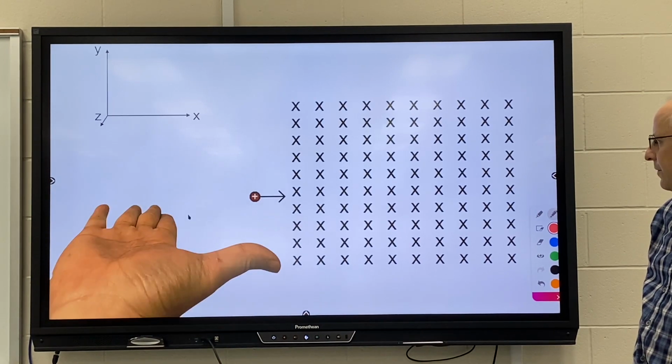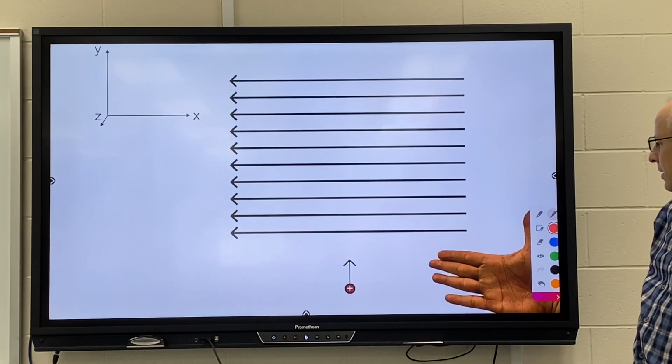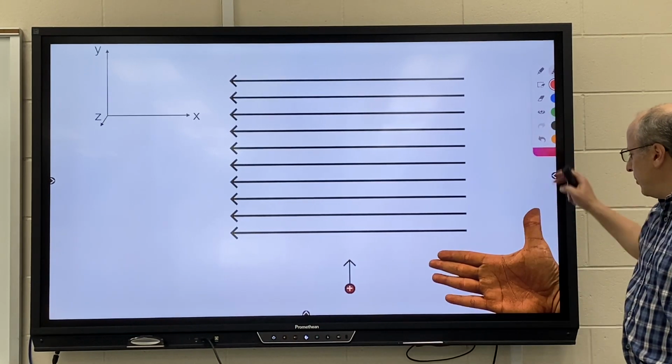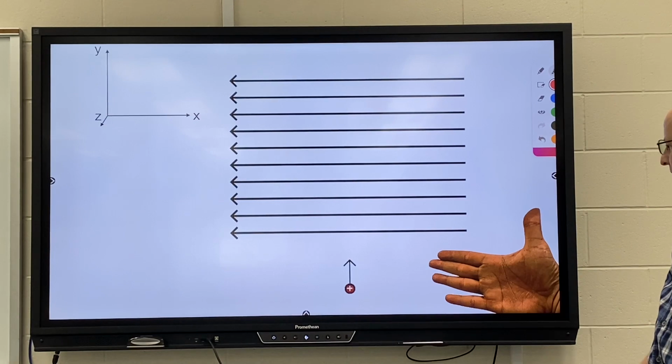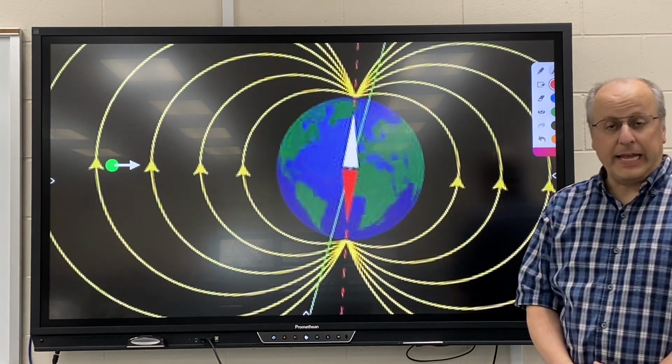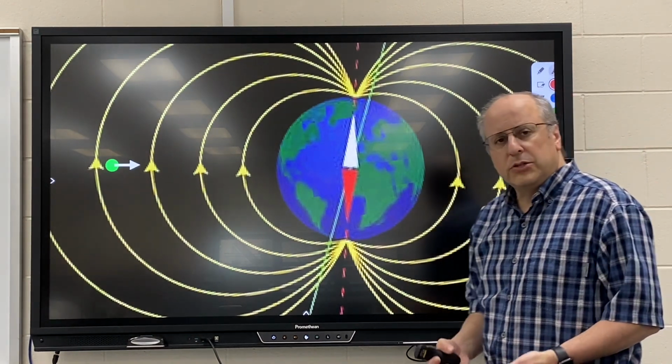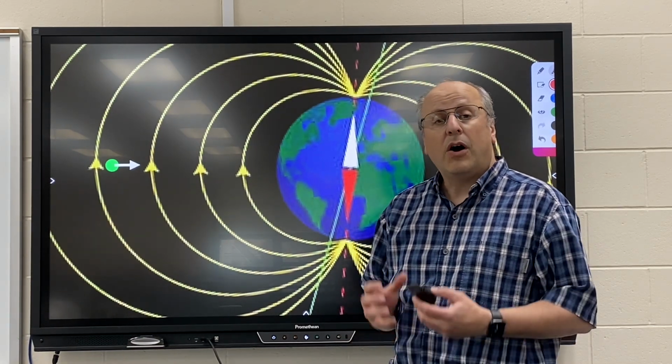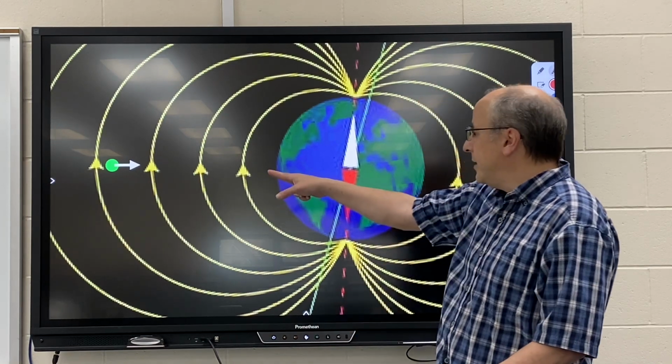Okay, so you can try a few of these things. Make sure you know how to orient your hand. Right hand for positive charges, left hand for negative. One of the places where we see this, that is a charge being deflected by a magnetic field, are the charges from the solar wind.